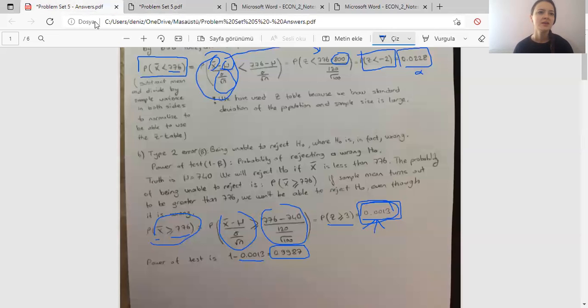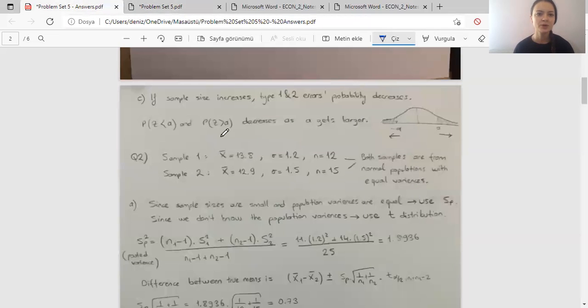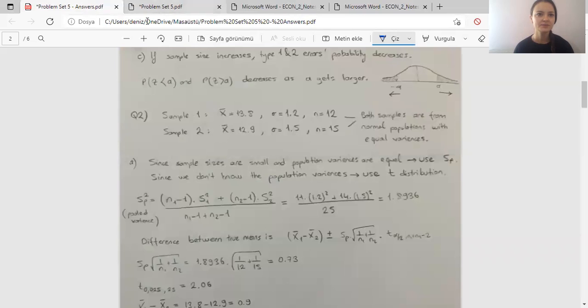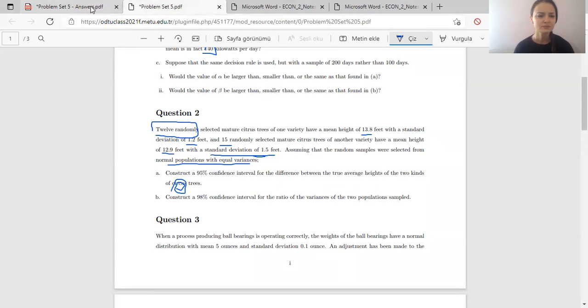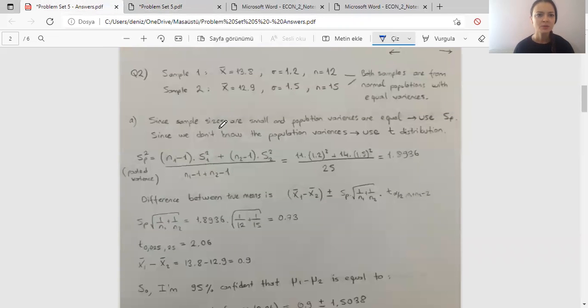Now we are going to deal with the differences between means of the two populations. We have the values here, and here we are going to use the pooled variance formula.